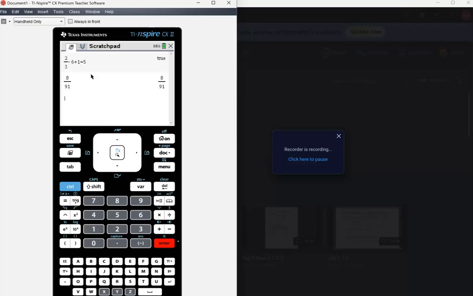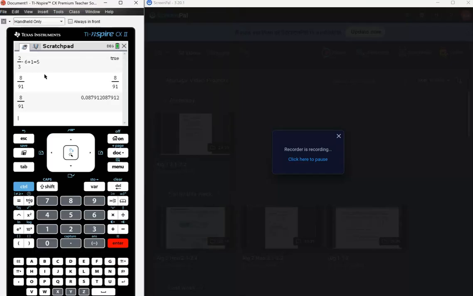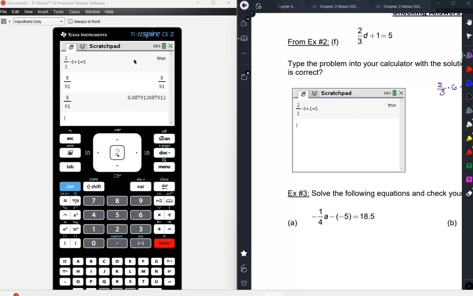But instead, here's what you can do. 8 over 91. Now do control enter. And look, now you get the decimal. Okay, let's do that again. Suppose you have 8 over 91, right?